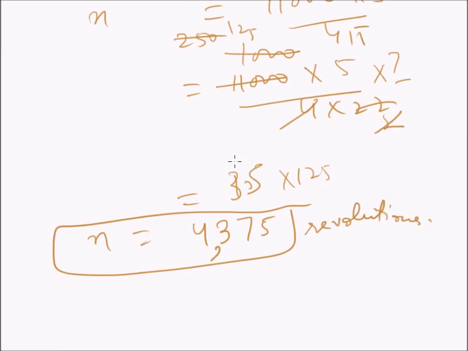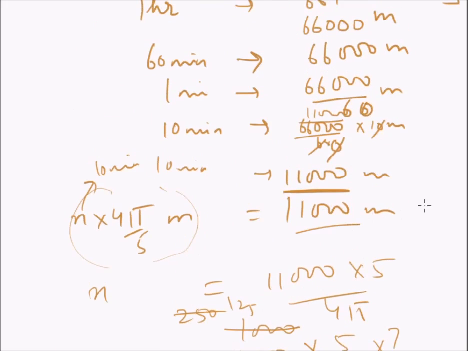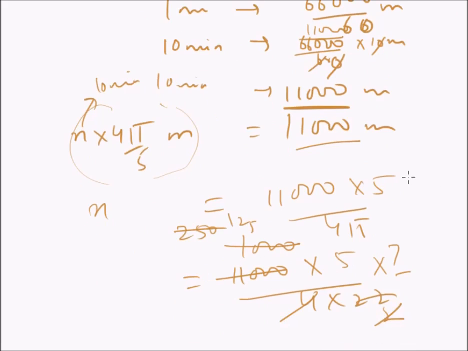No doubt the car has 4 tires, but each tire covers the same distance. That is, each tire should have covered these 11,000 meters. We can't say that the first tire has covered 5,000 meters and the second tire has covered 2,000 meters. It is not a disassembled car, it is a properly assembled car.